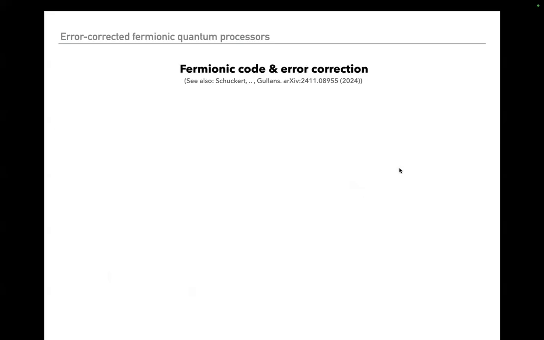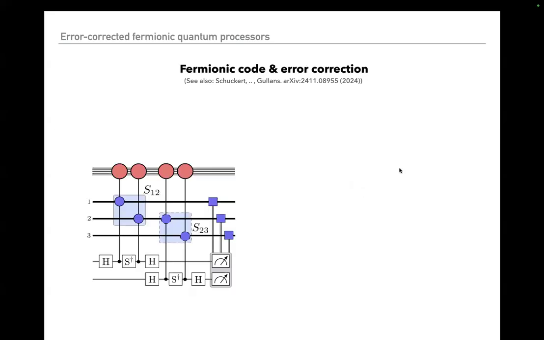So in a bit more detail, we can draw a circuit for that. So again, we have this construction here, which effectively applies this X operator. And if we do this here with mode 1 and mode 2 in combination with here, for instance, a qubit ancilla, then actually this sort of circuit would make sure that the value of this stabilizer S12 is engraved into the measurement result of this ancilla qubit over here.